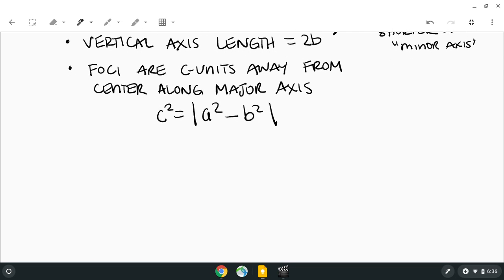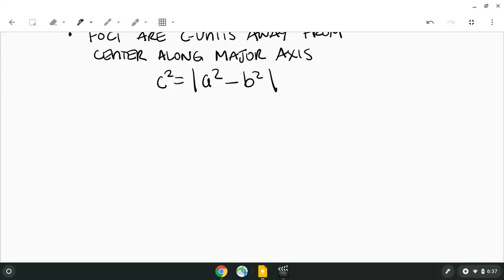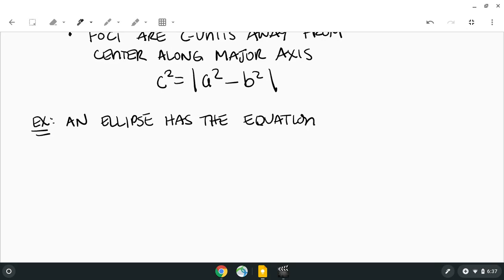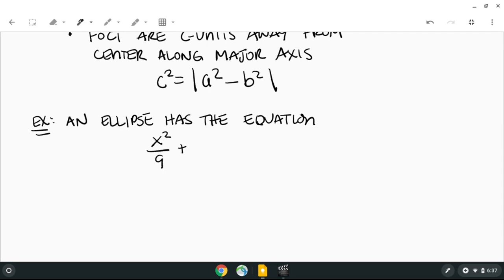All right, let's take a look. An ellipse has the equation x squared over 9 plus y squared over 4 equals 1.